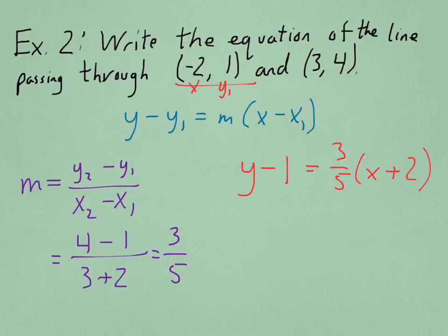Remember, minus a minus makes plus. I could also use the other point. If I wanted to, I could use the point (3, 4). So this would be y minus 4 equals 3 over 5 times quantity x minus 3. Both of those describe the same line.